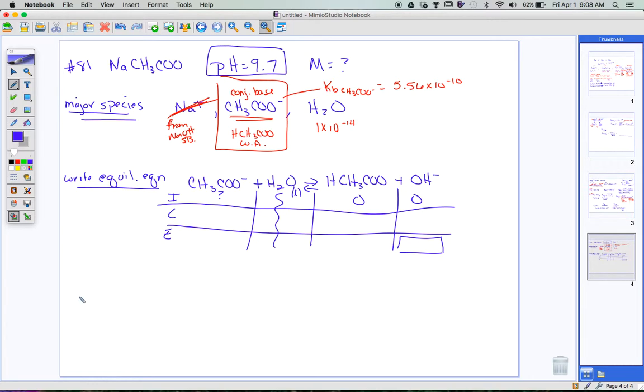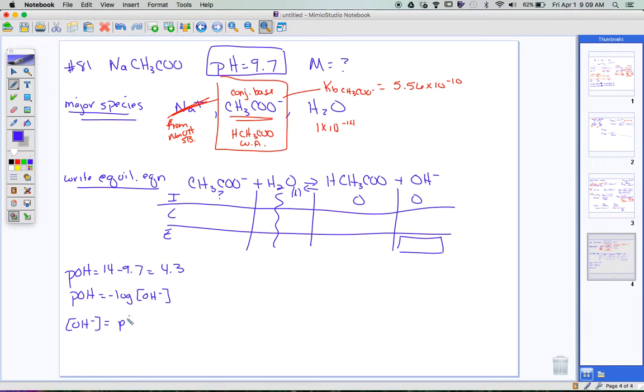I tend to like to go from POH. So I know that the pH plus the POH equals 14. So the POH is going to be 14 minus the 9.7, which will be 4.3. And I know that the POH equals the negative log of the OH minus concentration.